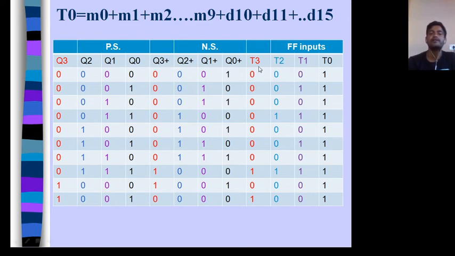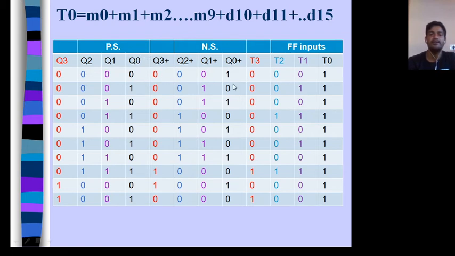Now what is T3? I already told you this T flip-flop always follows the XOR gate property. If Q3 plus is T3 XOR Q3, then what will be T3? It will be Q3 XOR Q3 plus. So T3 is Q3 XOR Q3 plus, which is highlighted in red color.